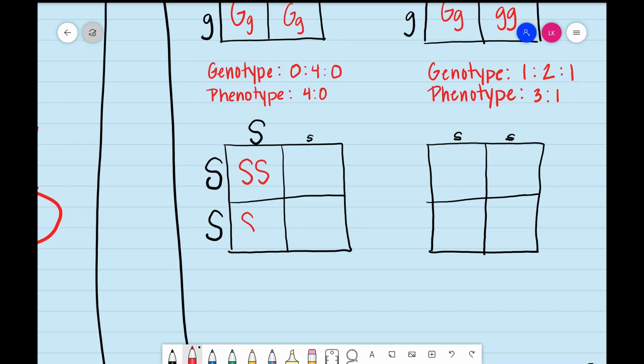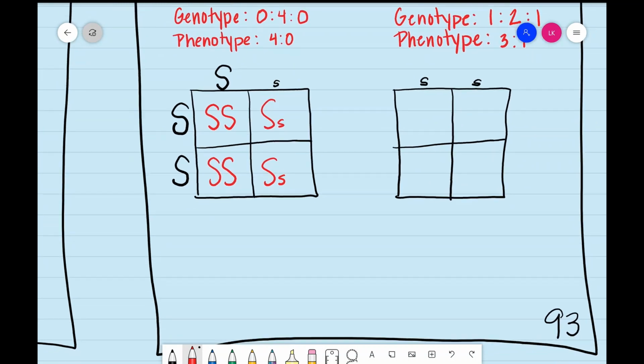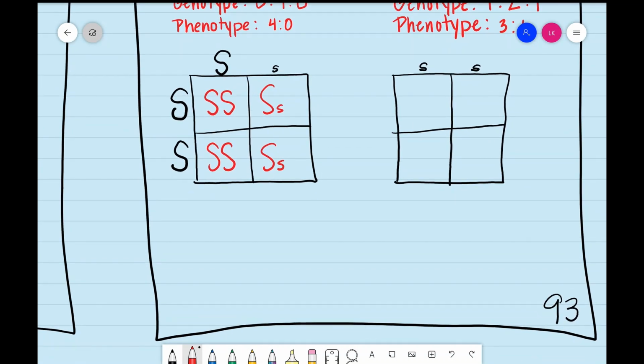Capital S, capital S, capital S, capital S, capital S, lowercase s, capital S, lowercase s. Again, capital letter goes first always. So for these 4 offspring, the genotypes, and if you are interested in learning the genotype phenotype ratio stuff, pause the video now and try it out with the ones that are left to see if you can come up with it. So genotype, homozygous dominant, there's 2, capital S, capital S. Heterozygous, there's 2, capital S, lowercase s.